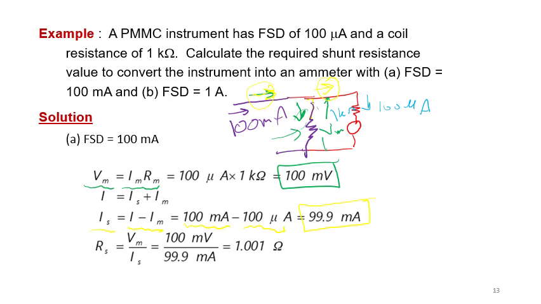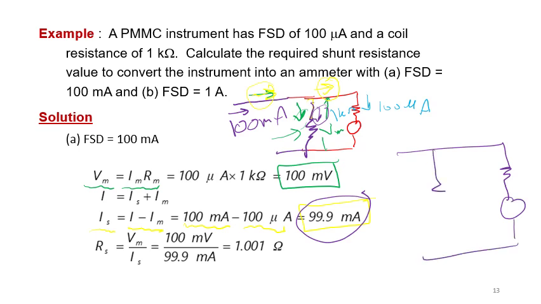Now what I calculated so far is the current in the resistance, and the voltage on the same resistance. Let me draw it again. This is the PMMC. Just now I calculated this current, which is found to be 99.9 milliampere, and earlier we calculated this voltage, which is found to be 100 millivolt.